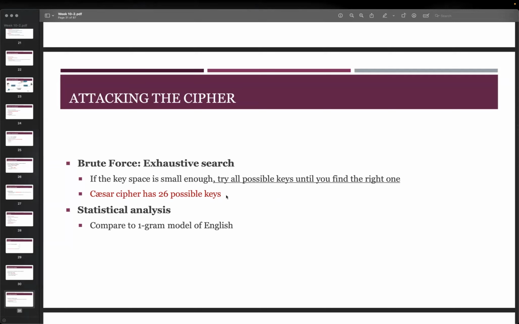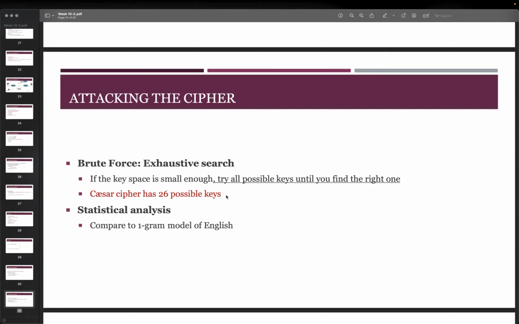So try 26 times if you are writing a script, using your familiar language. Let's say you know C++, Python, Node.js, whatever. You can just test all of them, then you are able to get it. You can print out all of them and see which one has a meaningful message.